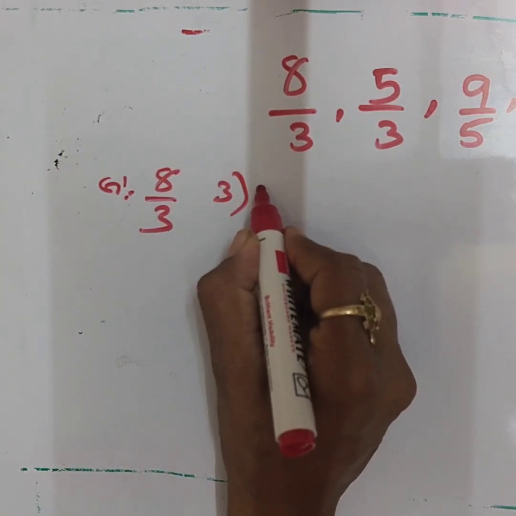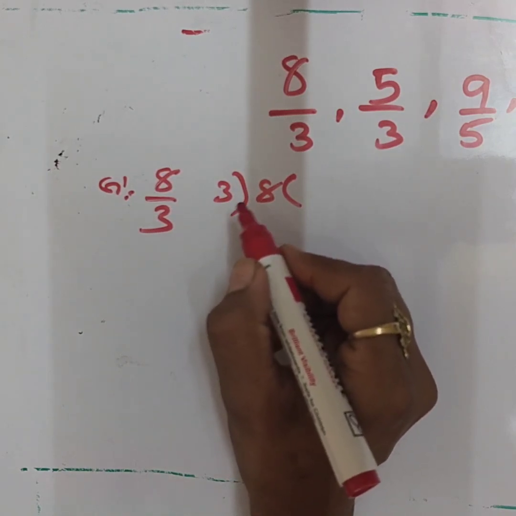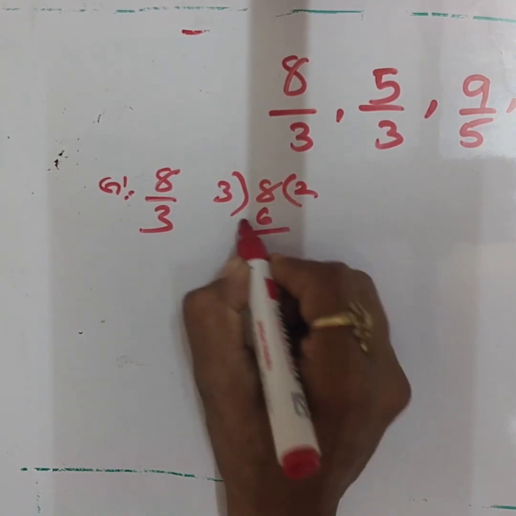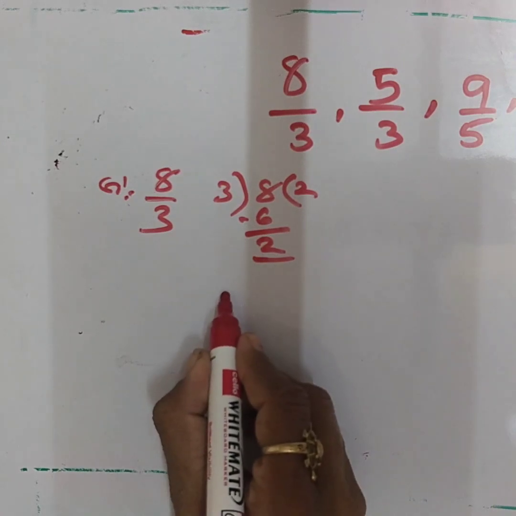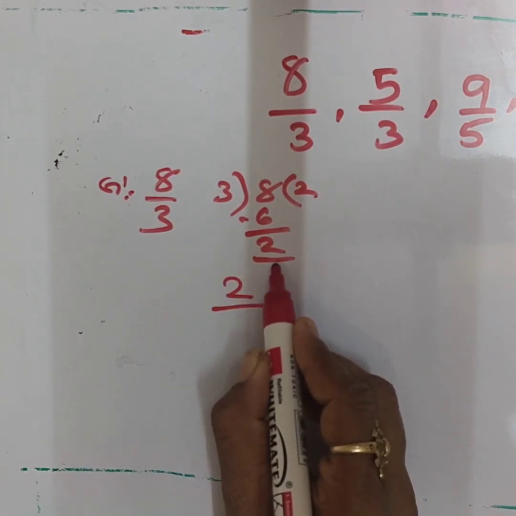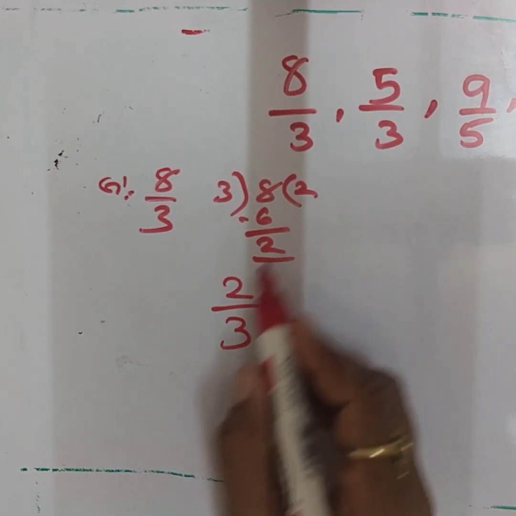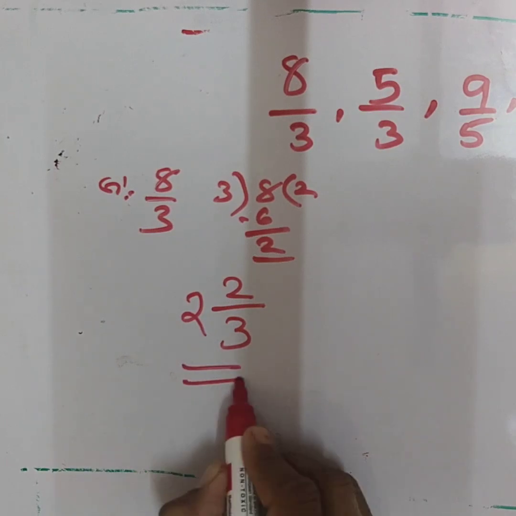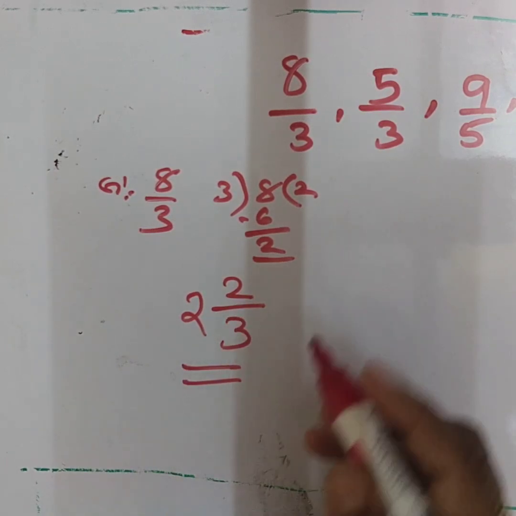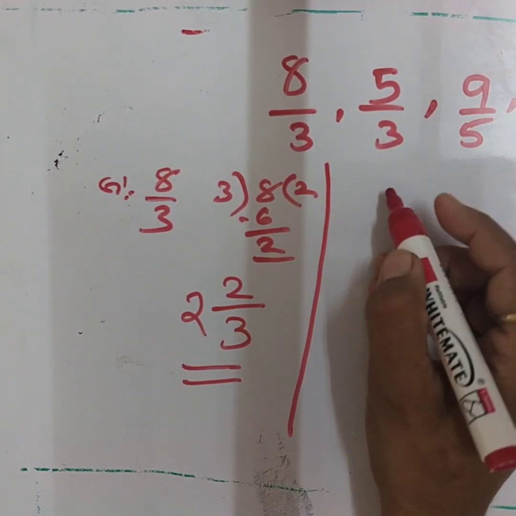I am going to divide the numerator by the denominator. 3 2s are 6. By subtracting we are getting 2. If we write it as a mixed fraction, the remainder is the numerator and the divisor is the denominator. So 2 I am going to write here as the whole part. 2 2/3 is the answer.